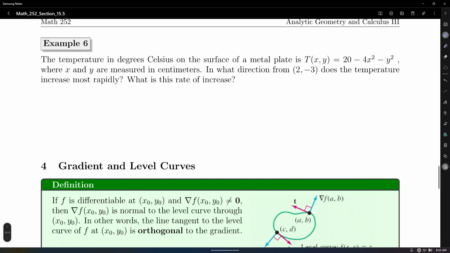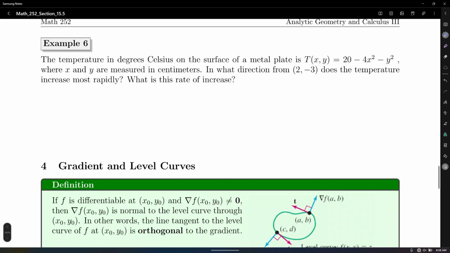And let's suppose that we stand on a point on the plate. So for this plate, I'm going to stand on the point (2, -3). From there, I have infinitely many directions to go. And since you know the temperature density function, of course you want to avoid the direction where it's the hottest, all right?